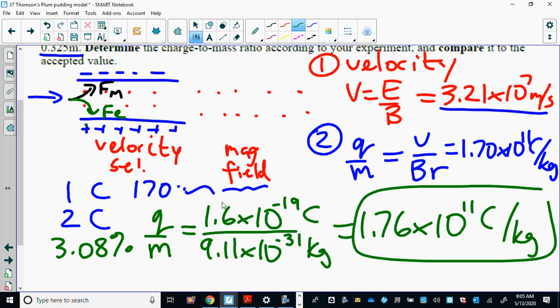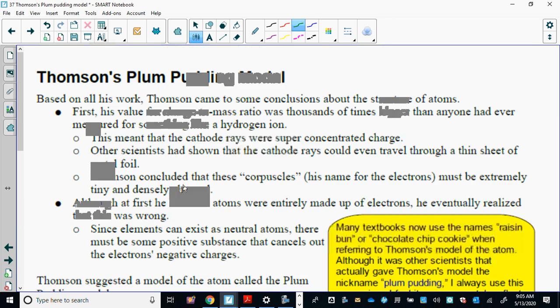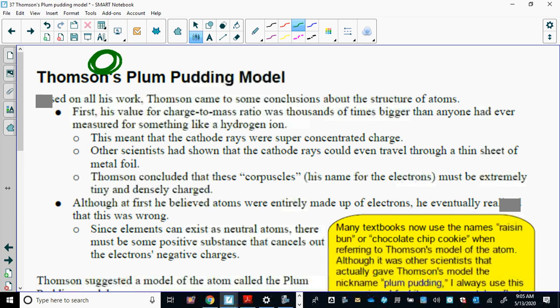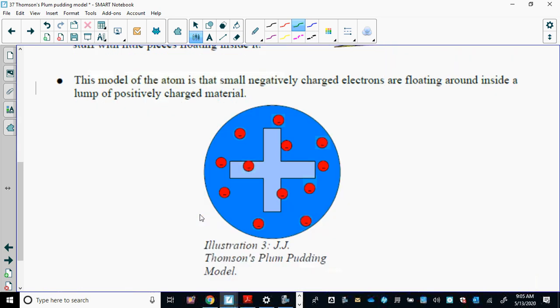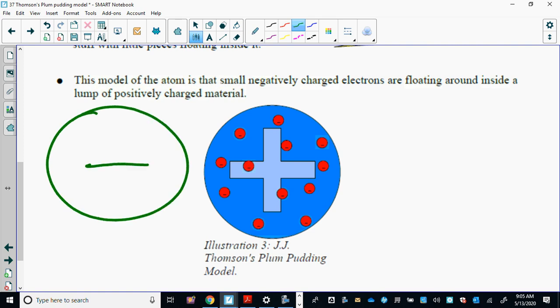Okay, and so as a result of all this, the cathode ray experiments and charge to mass ratio, we come up with this theory. This is J.J. Thomson's plum pudding model of the atom. Now instead of the atom being one single thing, it is one big blob of positiveness with all these random negatively charged electrons in it.